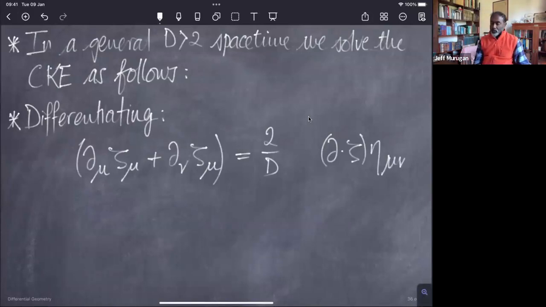Right? So that was what the conformal killing equation looks like in the general d-dimensional spacetime.